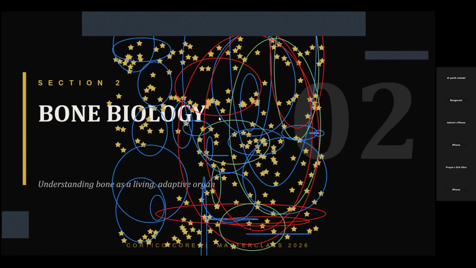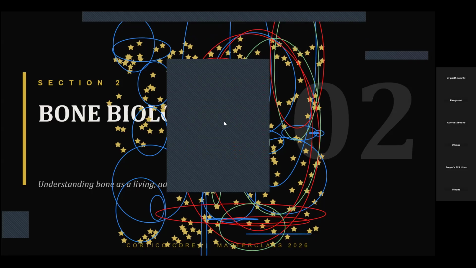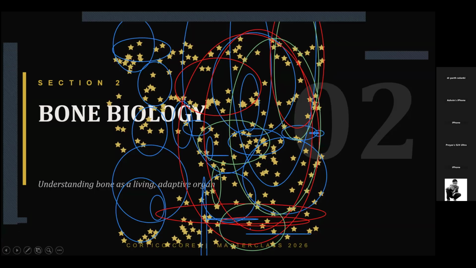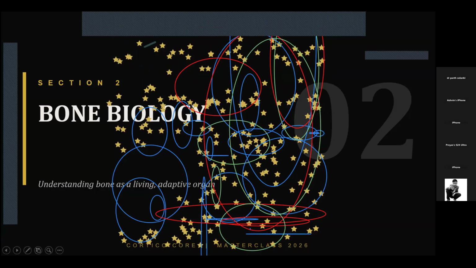Just change the slides, sir, please. Okay. I'm unable to remove these drawn stars and lines. I have removed them already. I'll check with the multiple sharing. I'll stop multiple sharing.